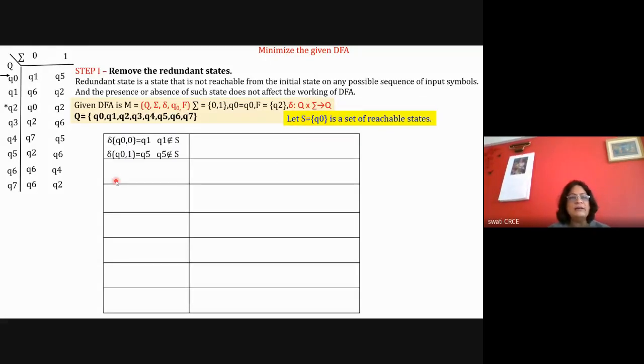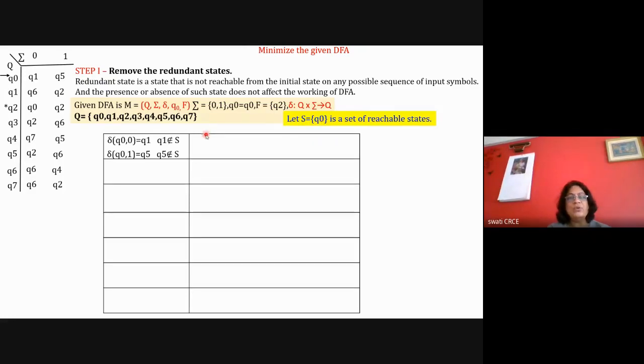I'll say that Q0 is reachable because it is the initial state. From the initial state to the initial state, it is reachable, so Q0 is by default in S. Now I'll look at the transition table: Q0 with 0 is equal to Q1. With input symbol 0 from Q0, we go to Q1, which means Q1 is reachable. And with 1, Q0 goes to Q5, so I'm writing in the table that Q0 with 1 is equal to Q5. Now I'm checking whether Q1 belongs to capital S. Q1 is not present in capital S; so far only one state, Q0, is there.